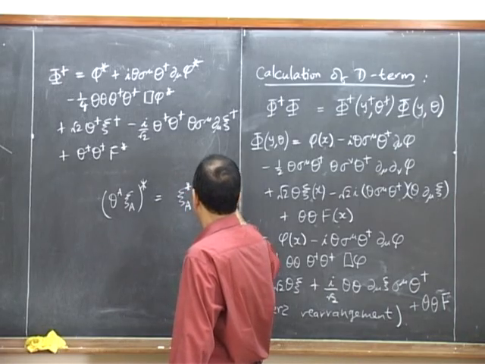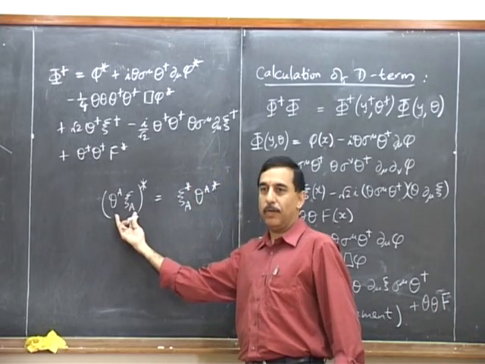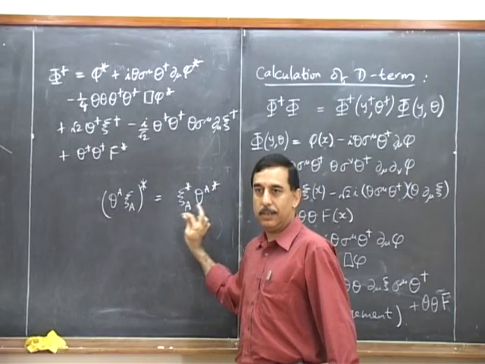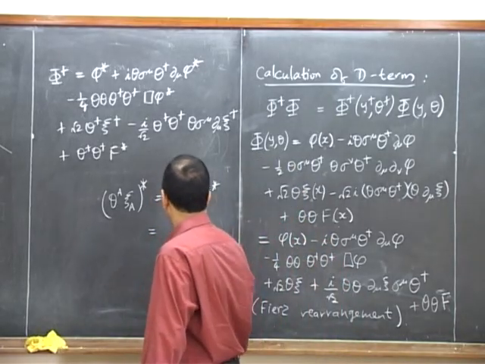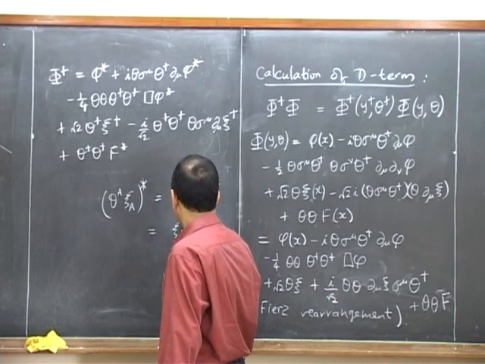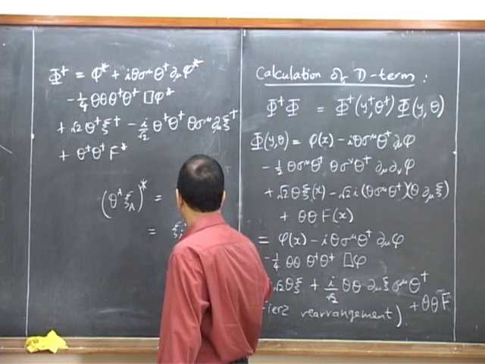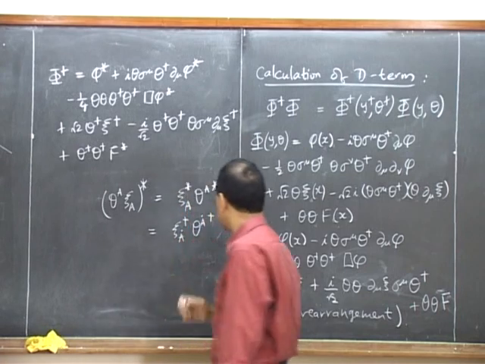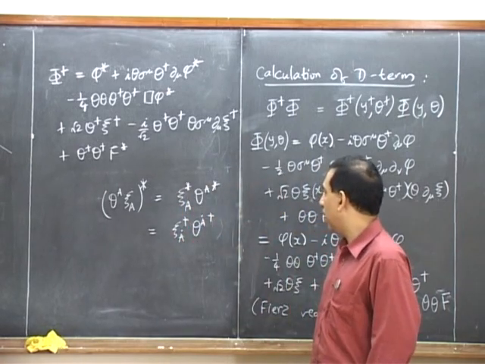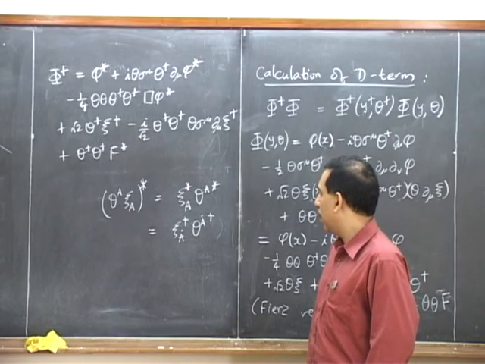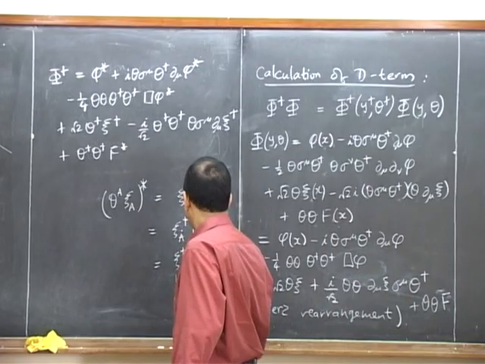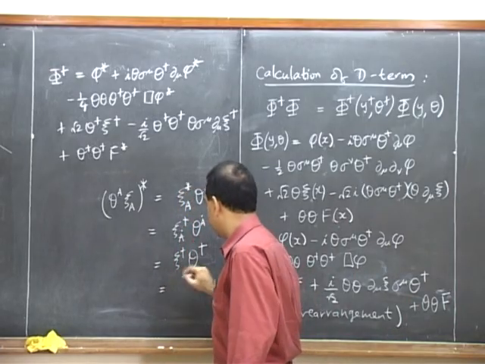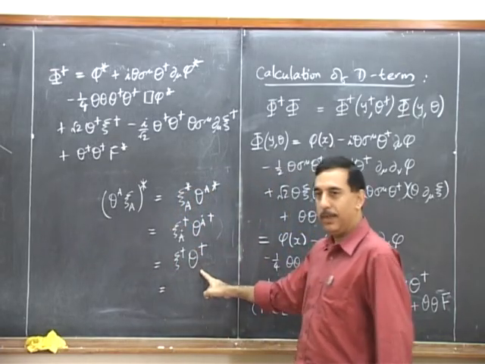So the first thing is that when you conjugate a product of two guys, they get reversed. That's always true. It's the way we do it with matrices. Now we realize that this is psi A dot dagger, theta A dot dagger, which is the same as psi dagger, theta dagger. So this much is obvious.